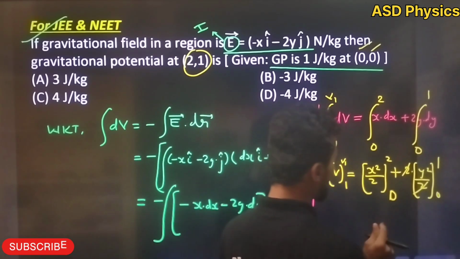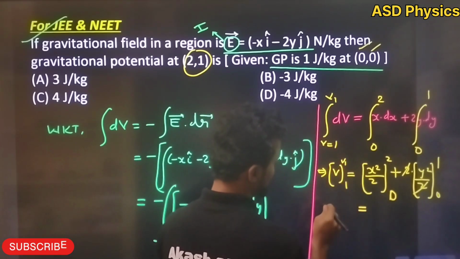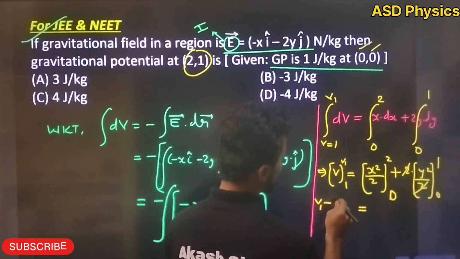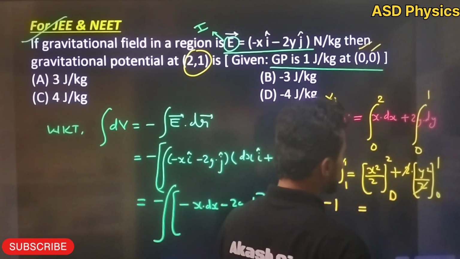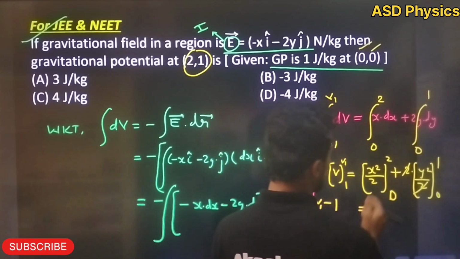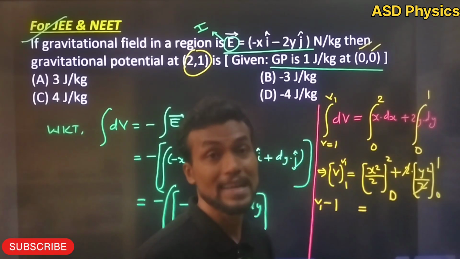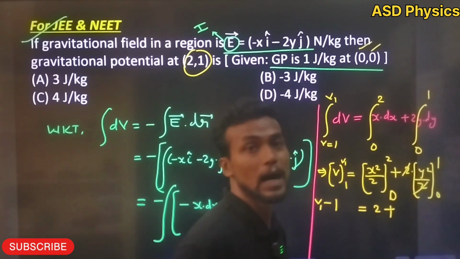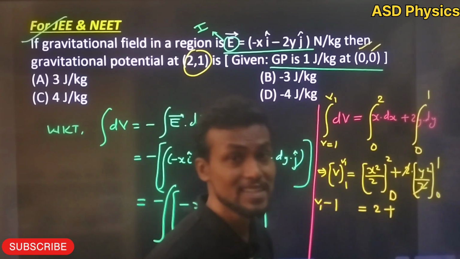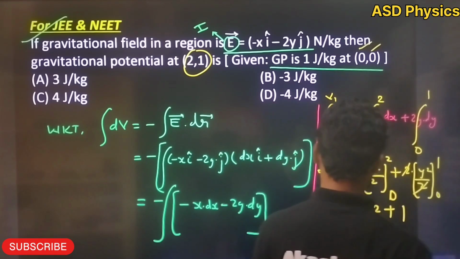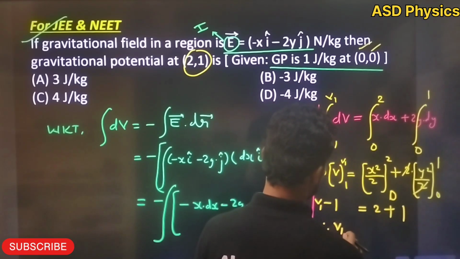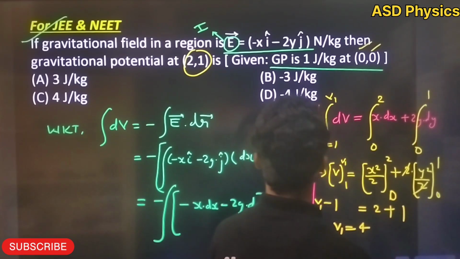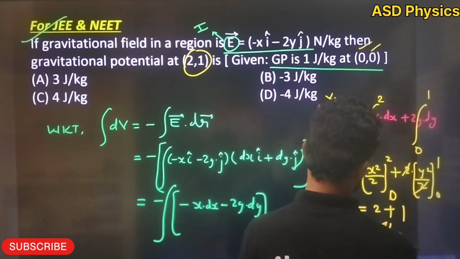First we put the upper limit, then the lower limit. It will come 2 square by 2 minus 0 square by 2, which is 2, plus 1 square minus 0 square, which is 1. So after solving, V1 equal to 4, unit joule per kg.